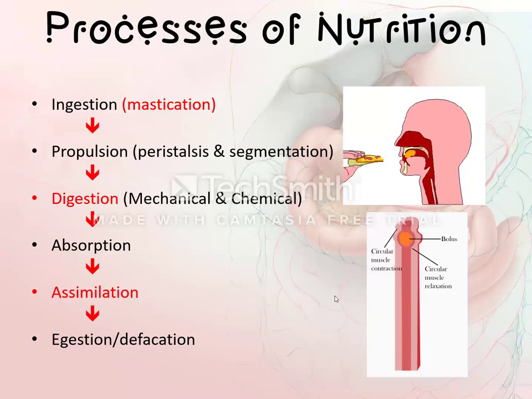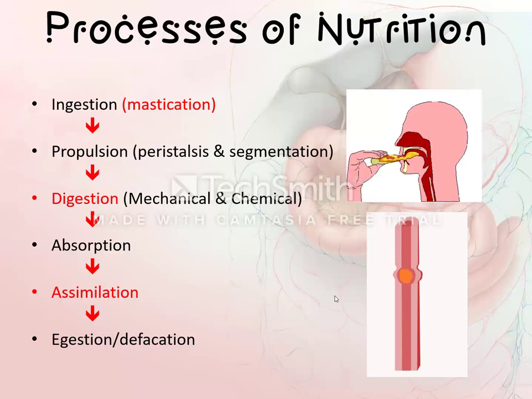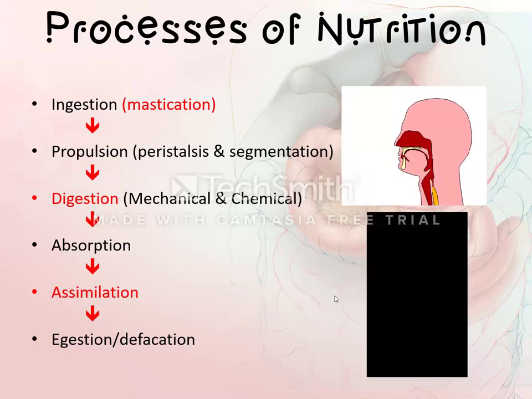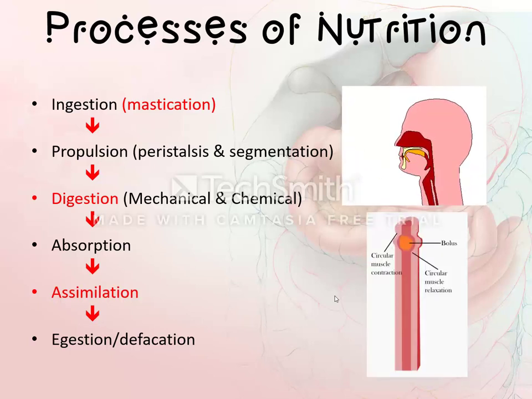That food is then going to be broken down via digestion. And there are two types of digestion, either mechanical or chemical. When that food has been broken down, the nutrients will be absorbed into the bloodstream. Those nutrients from the bloodstream will be sent to different organs to be used, which is assimilation.